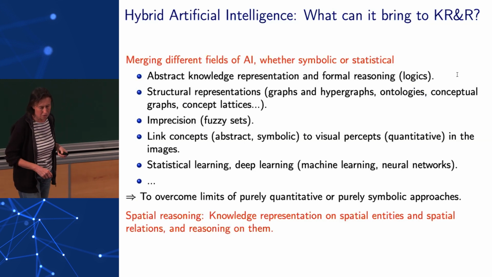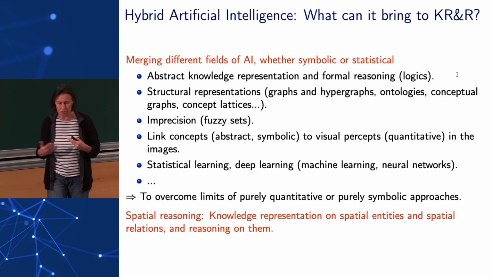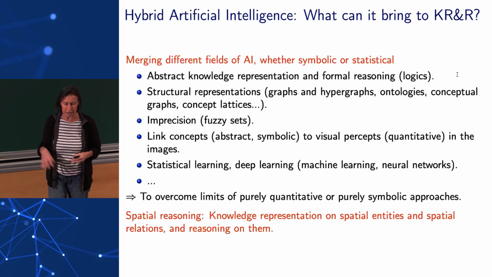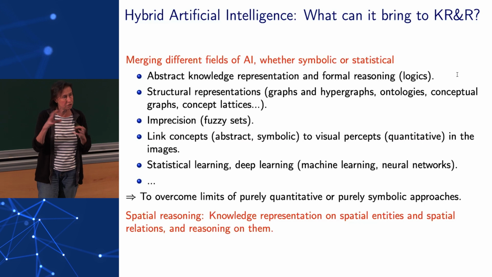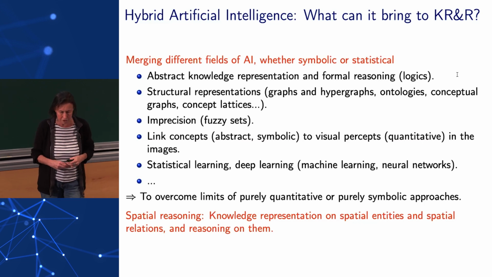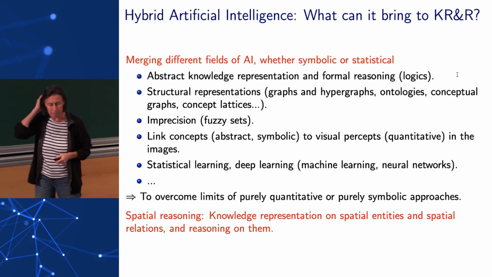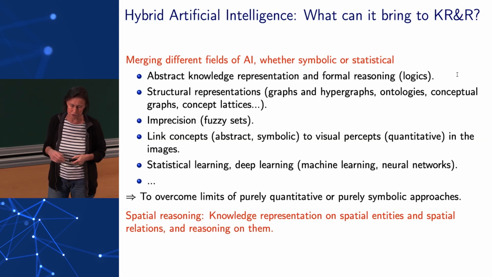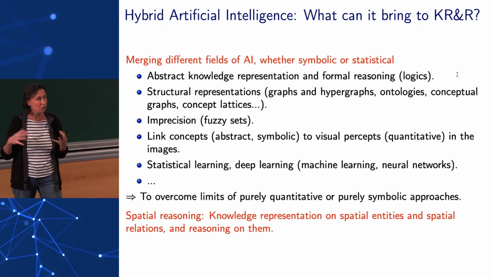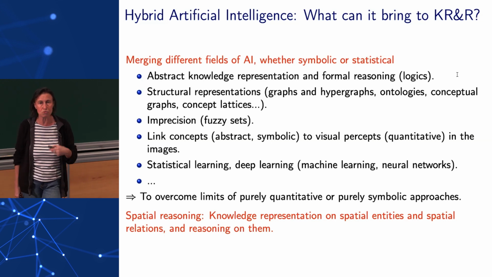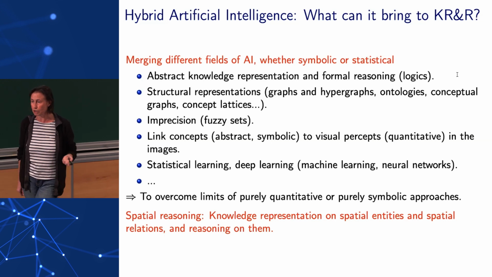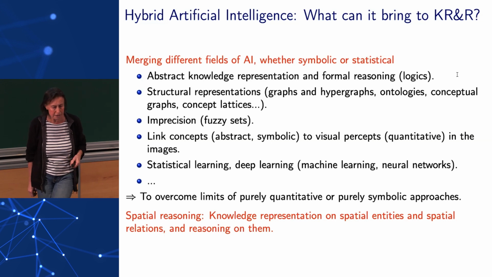Again, the idea of hybrid artificial intelligence is to merge different fields of AI, and I make use of a lot of different theories. For instance, abstract logics, as I mentioned before, will be useful to represent knowledge and reason on it.